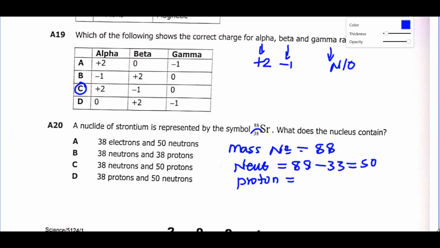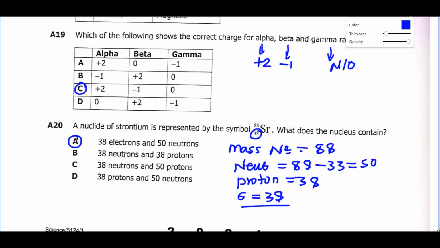The protons is just 38. What of electrons? The electrons is also 38. So let's check. 38 electrons and 50 neutrons. This is correct. 38 neutrons and 38 protons.